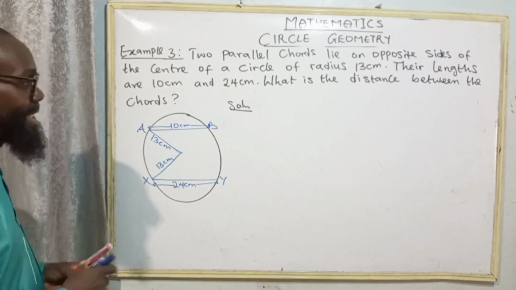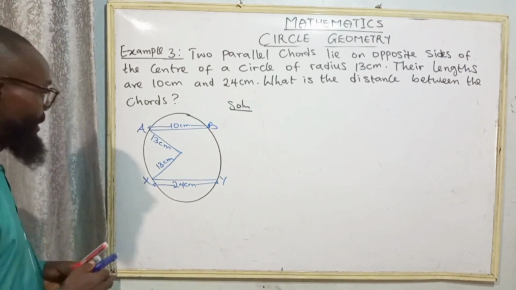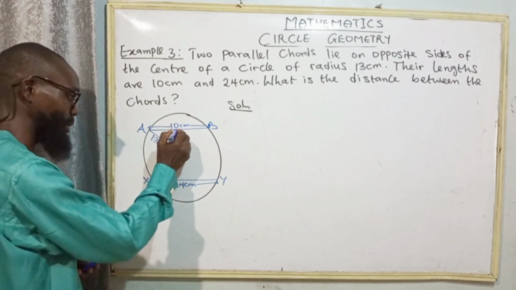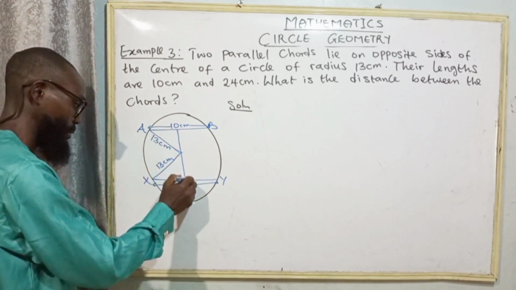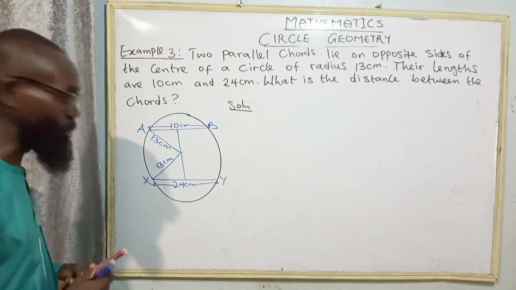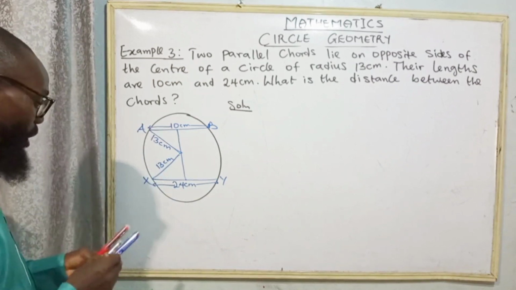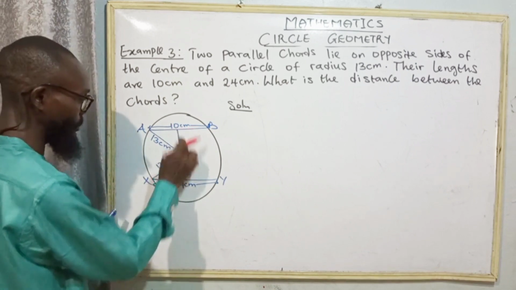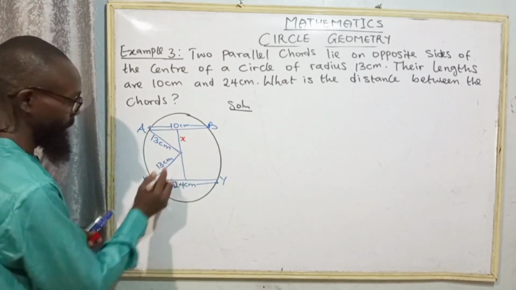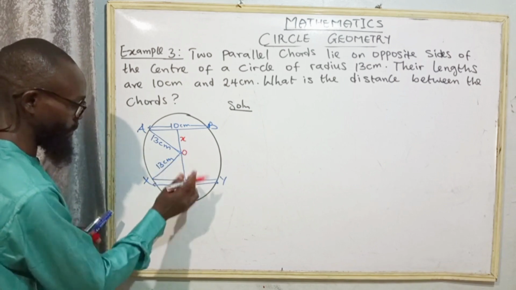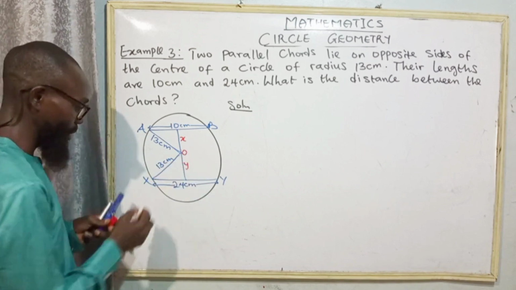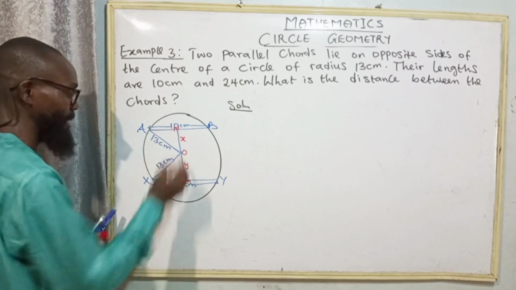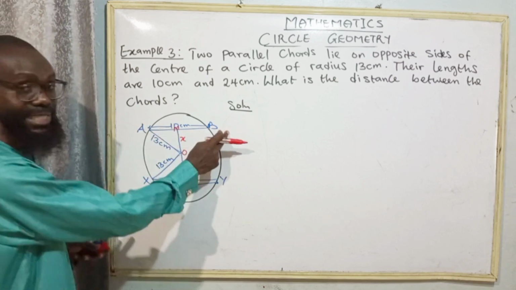Now, what is the distance between the chords? This is one chord and the second chord. To get the distance between the chords, we must find the distance from here to this point, let's call it X, and from this point O to this point, let's call this Y. If this point is M, let's call this N. So the distance from A to B is 10 centimeter.